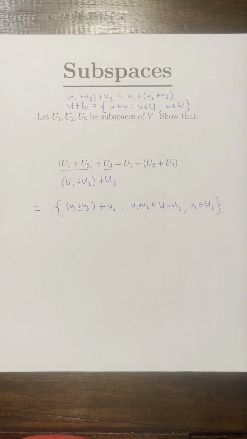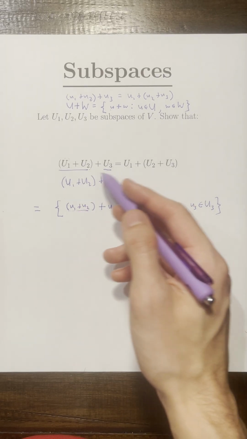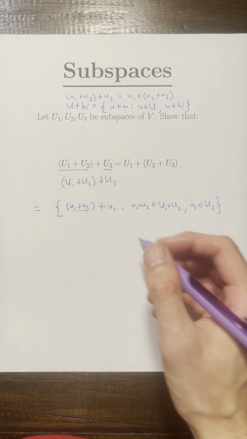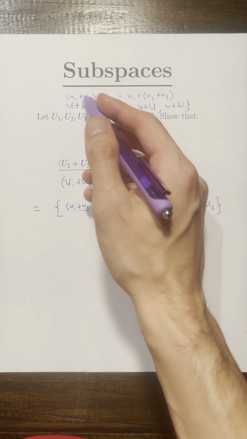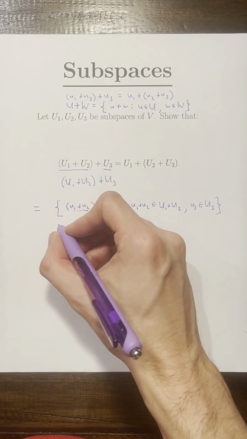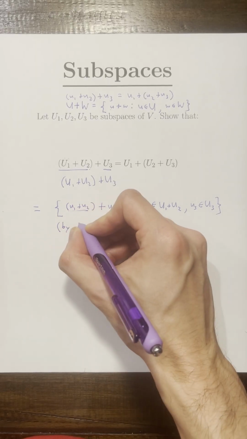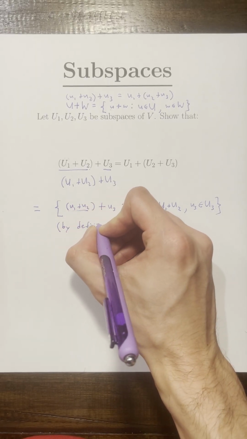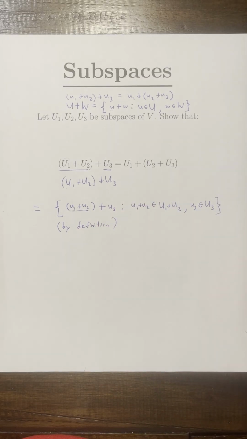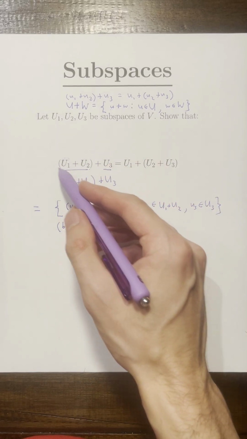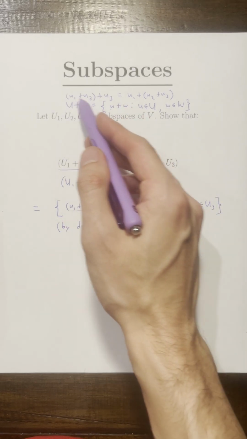Okay, so we know that this is equal to this. Because of what? Because of the definition, so I'm going to write by definition over here. What's our goal again? Our goal is to go from here to here.